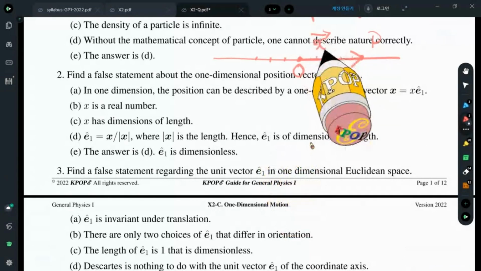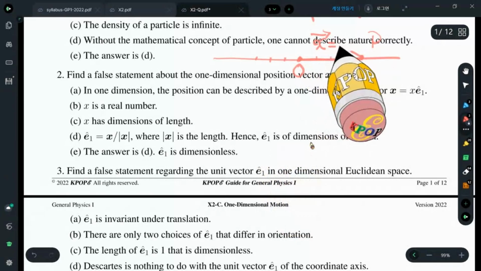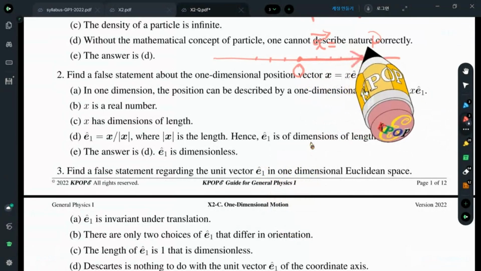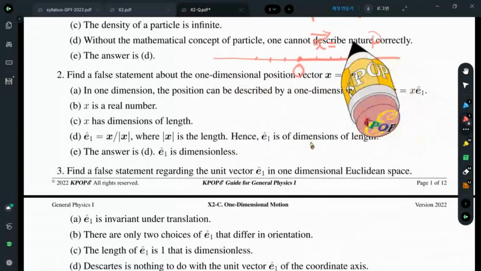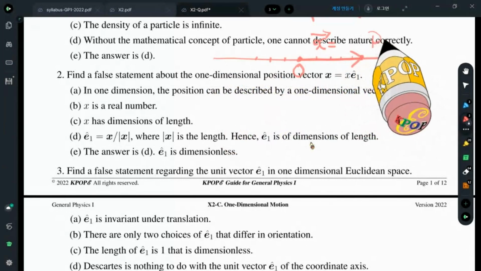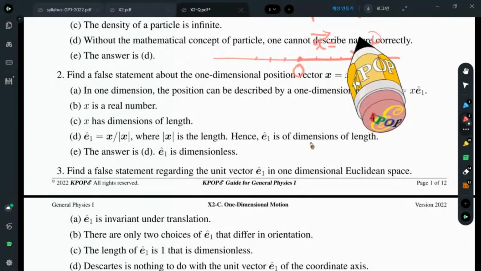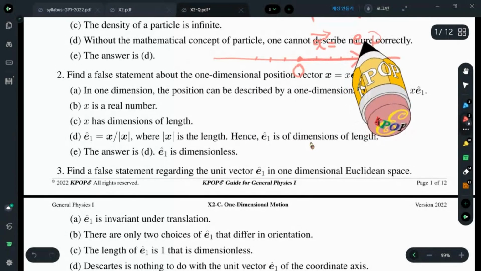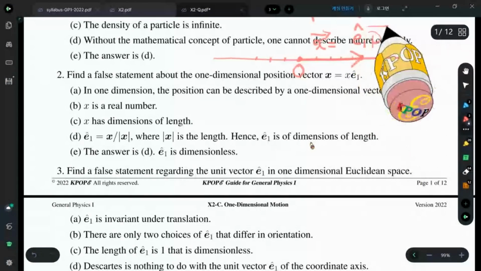And position vector x is represented by a basis vector. Here, we have only a single line as a unit vector. We usually use the unit vector as a basis vector, and this basis vector is E1 hat. Hat means the length is 1.